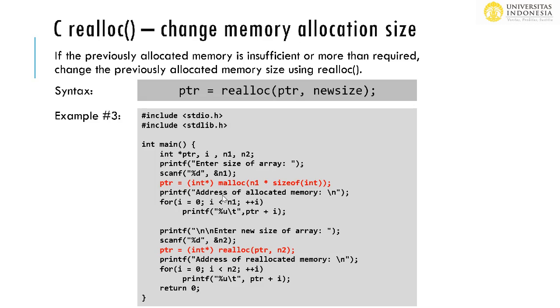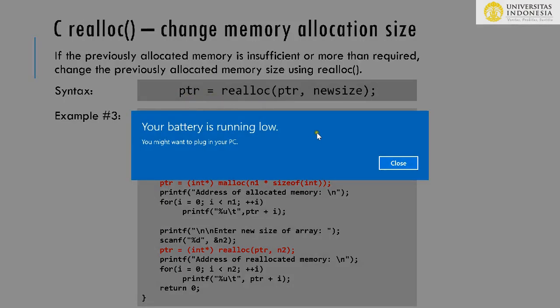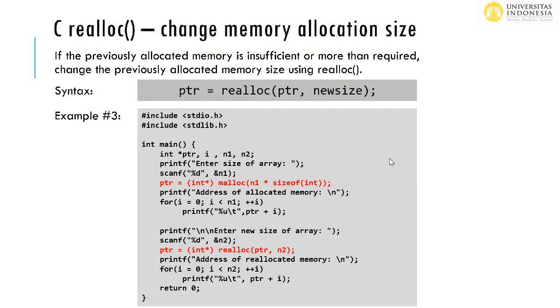this third example using realloc. Realloc is used if sometimes you allocate memory and then it's insufficient, I allocated only a small number, I need additional data size, and then you can use realloc here by using this instruction: ptr is equal to realloc, and then in brackets is the name of the pointer followed by the new size, right?